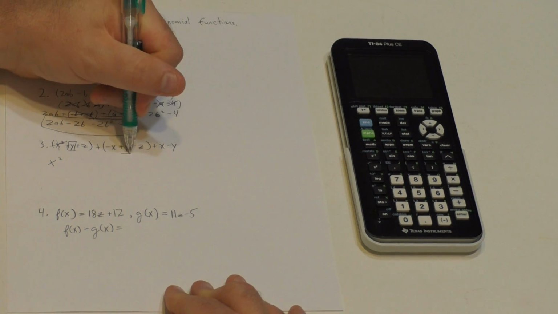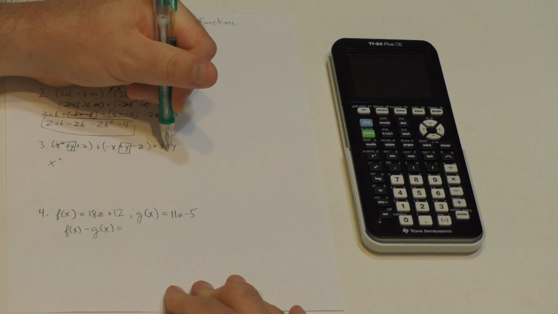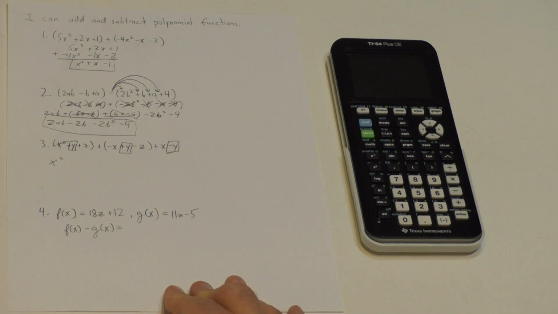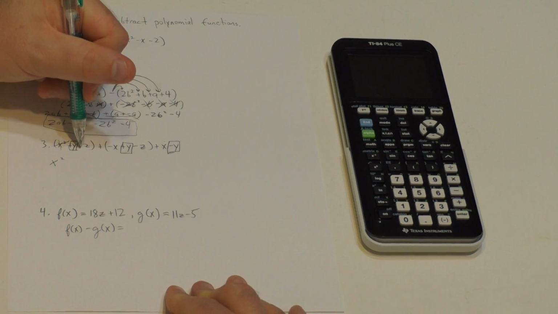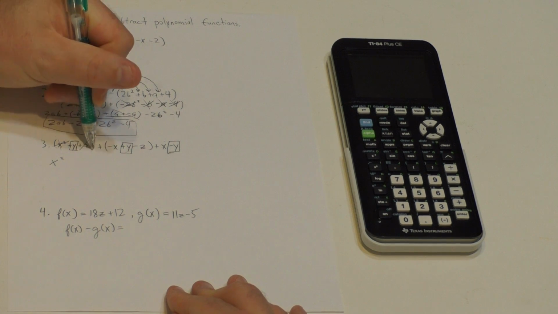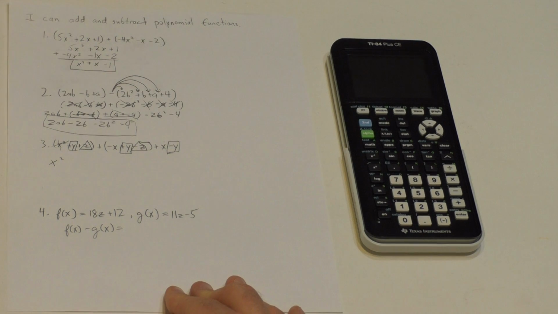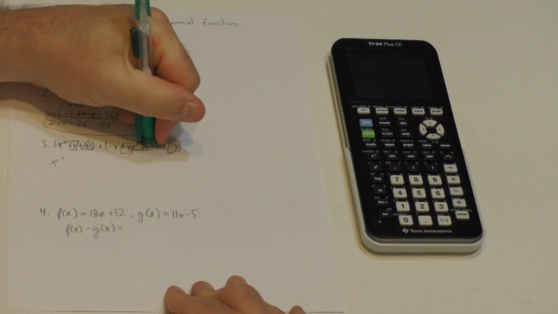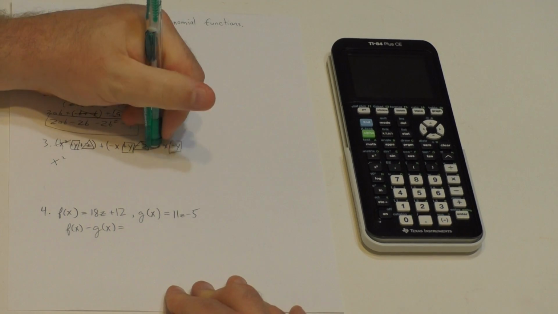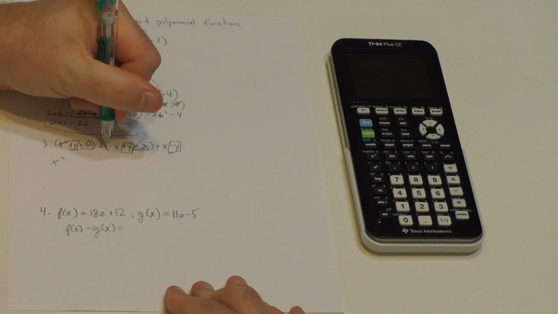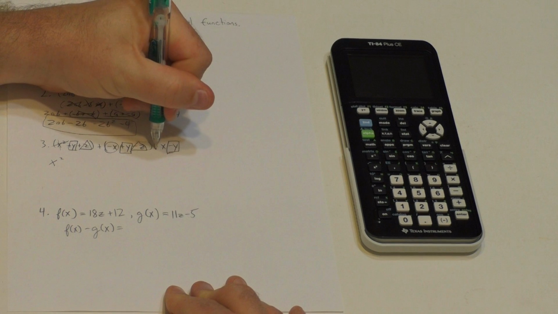I see a y there, I see a y there, and I see a y right here, okay? Now let me put a triangle around any z's that I see. So I see a z here, I see a negative z here, I don't see any other z's. And then finally I see an x, a negative x, so I'm going to put a circle around the x's.